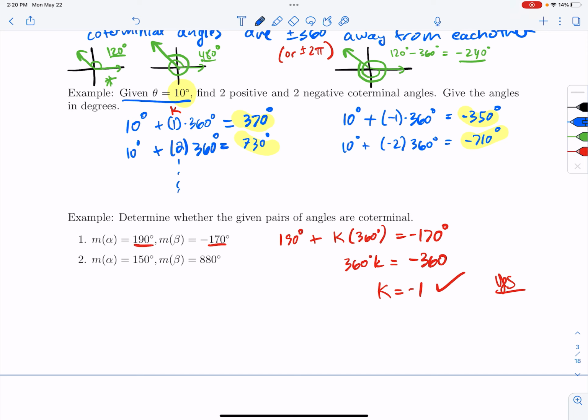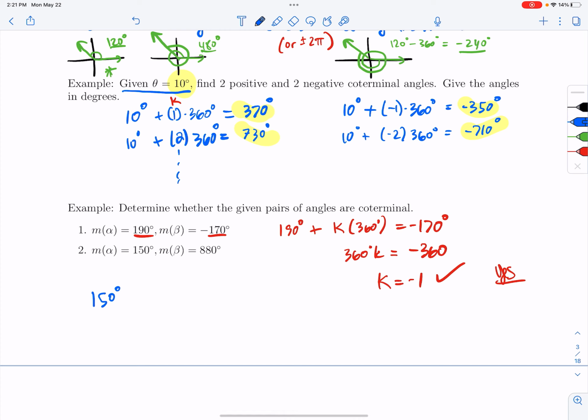Maybe try this next one. Hit pause on the video and see if you can do it on your own before I do it. All right, so 150 degrees plus k times 360 equals 880.